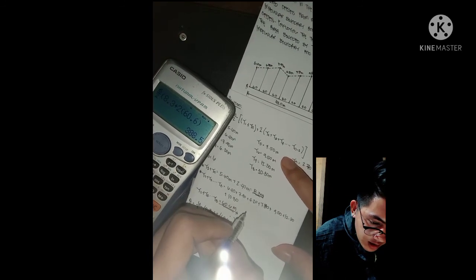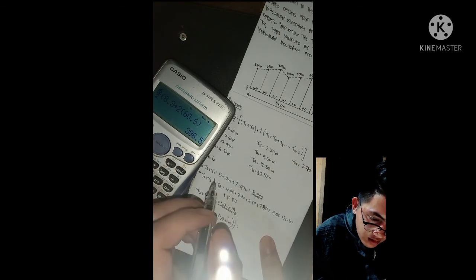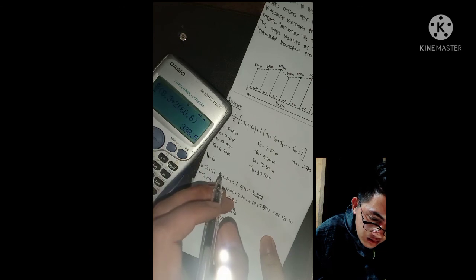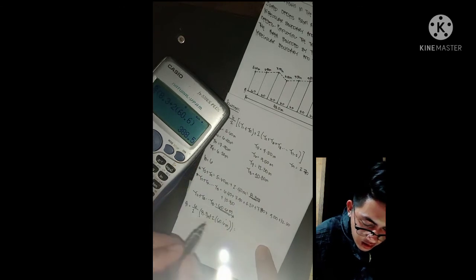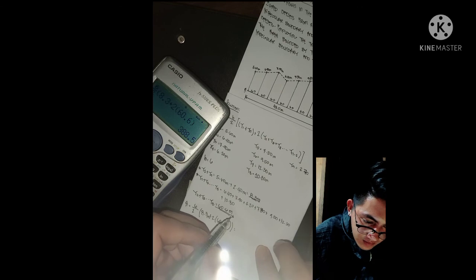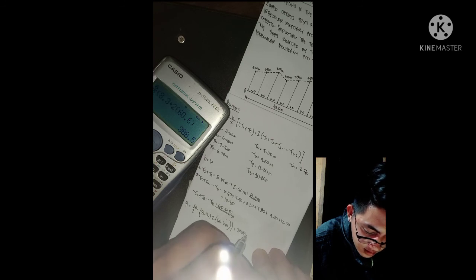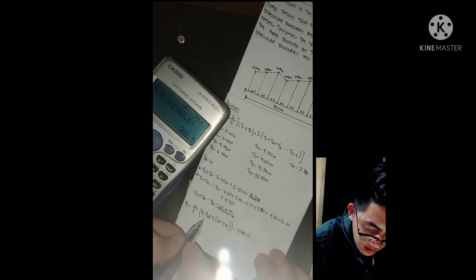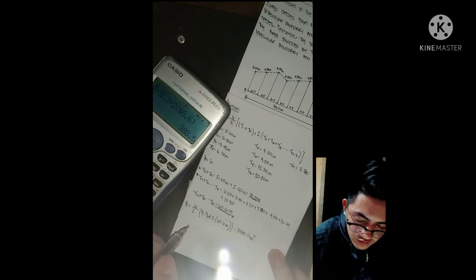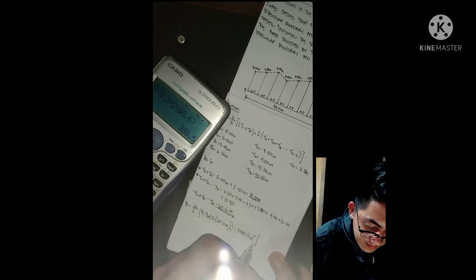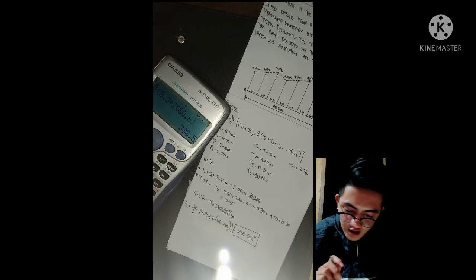So the area bounded by the traverse line is 388.5 meters squared. That's all. Thank you.